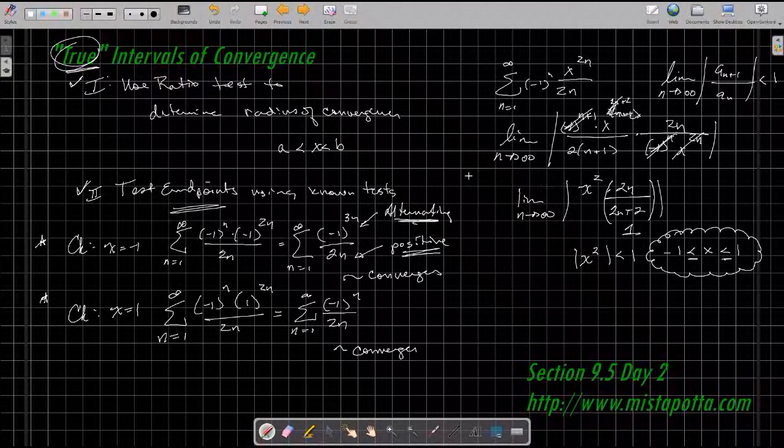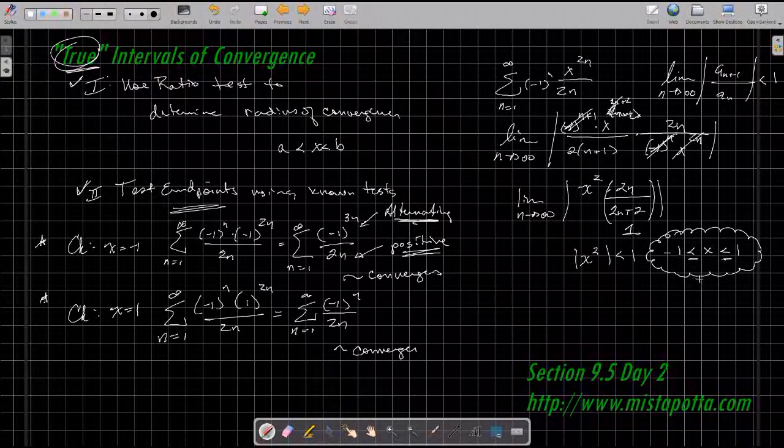But notice if I didn't have this -1 here, then this would have ended up being just a regular harmonic type series. I could have compared this using the limit comparison test and shown that it's strict inequalities in this case.